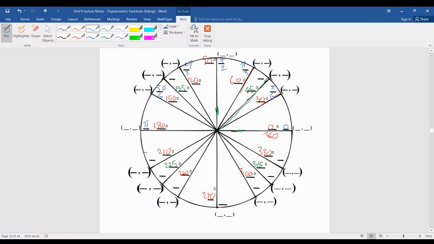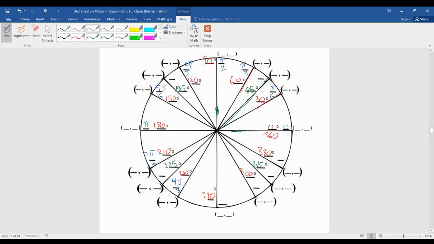And then 7 pi over 6. You can't really simplify this. 8 pi over 6 is 4 pi over 3. So, are we counting correctly?